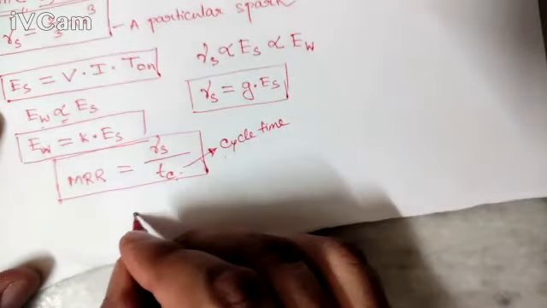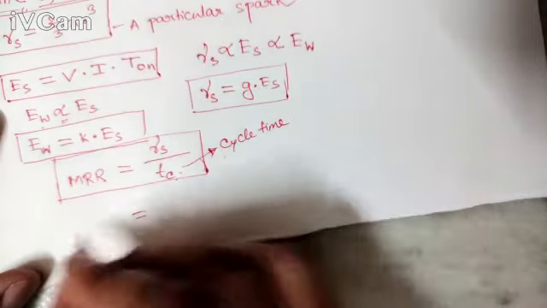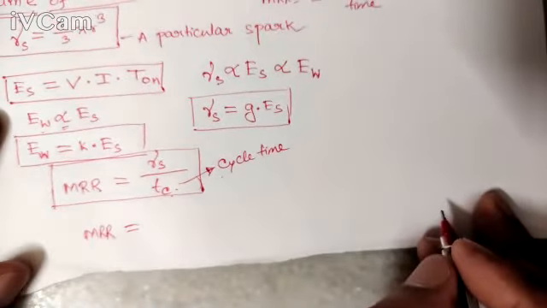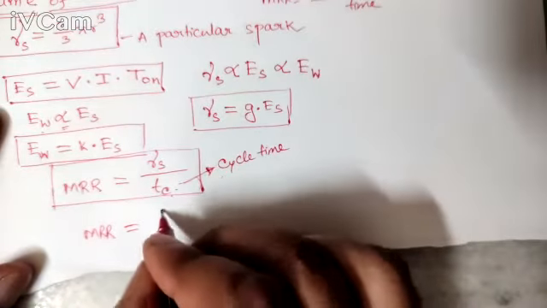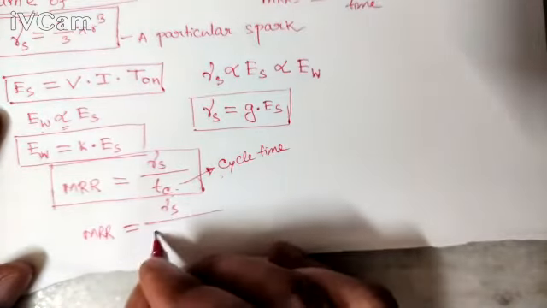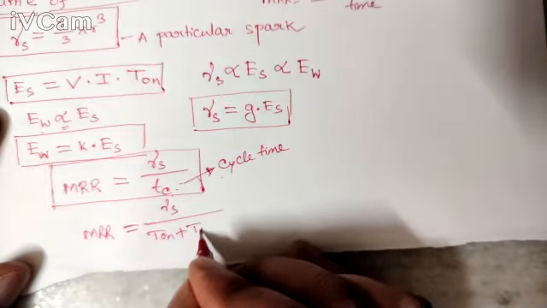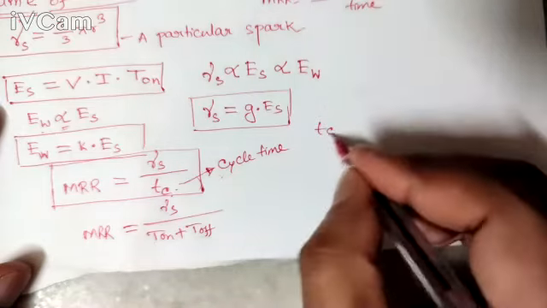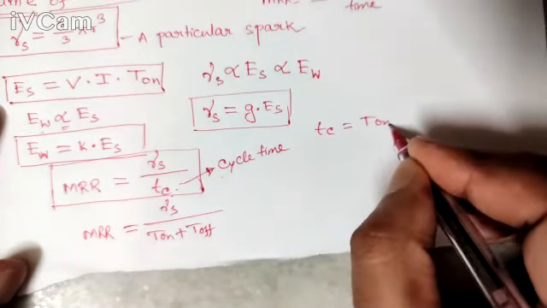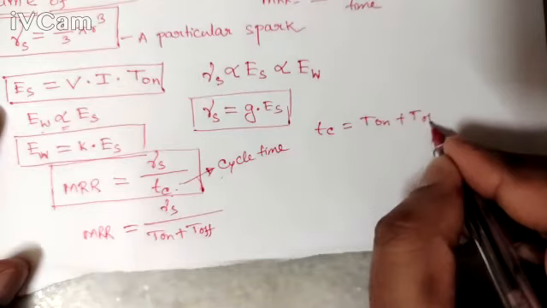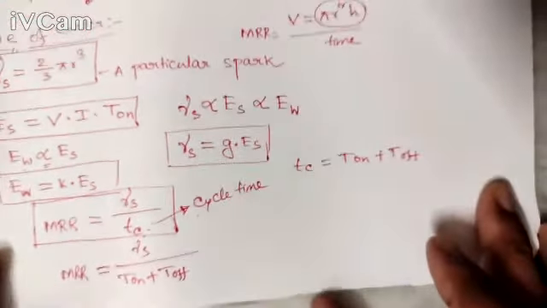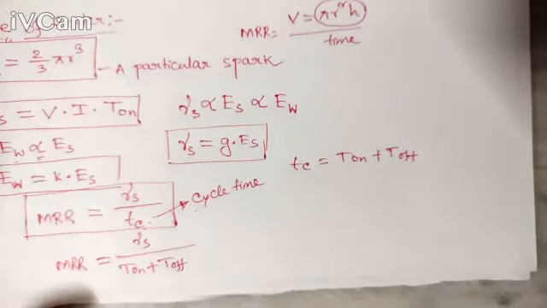So we can further write MRR is equal to gamma S divided by T on plus T off. So TC is equal to T on plus T off. Remember it. I hope everybody understood it up to now.